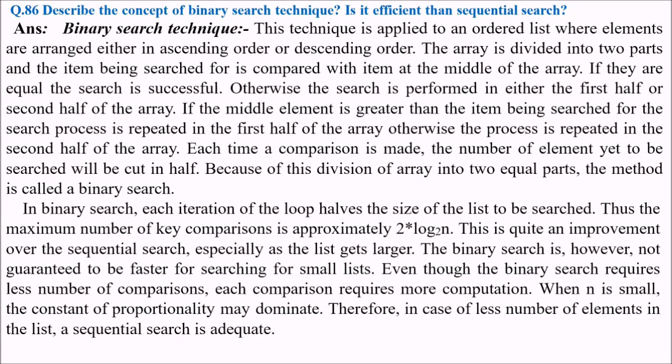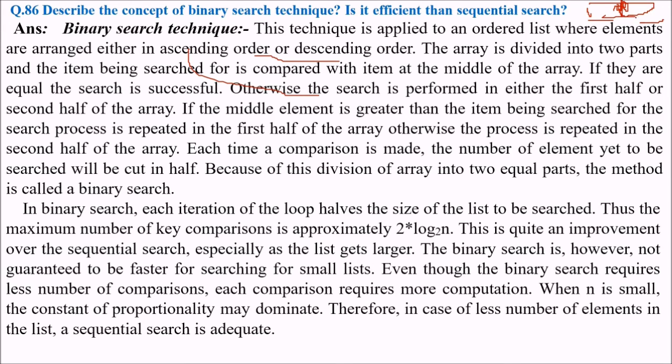Binary search is applied on an ordered list where elements are arranged in ascending or descending order. The array is divided into two parts, and the item being searched is compared with the item at the middle of the array. If they are equal, the search is successful. Otherwise, the search is performed in either the first half or the second half of the array.